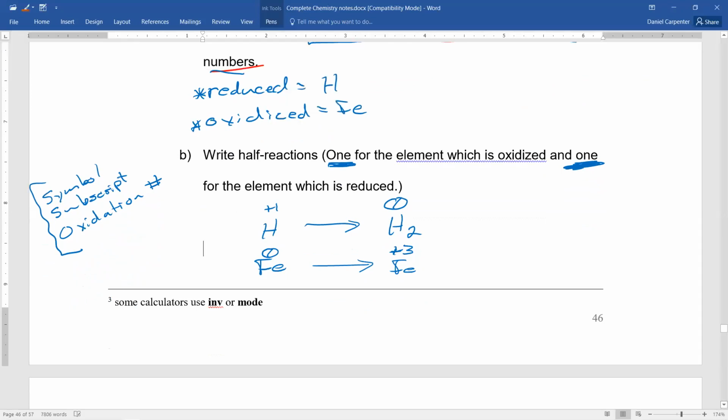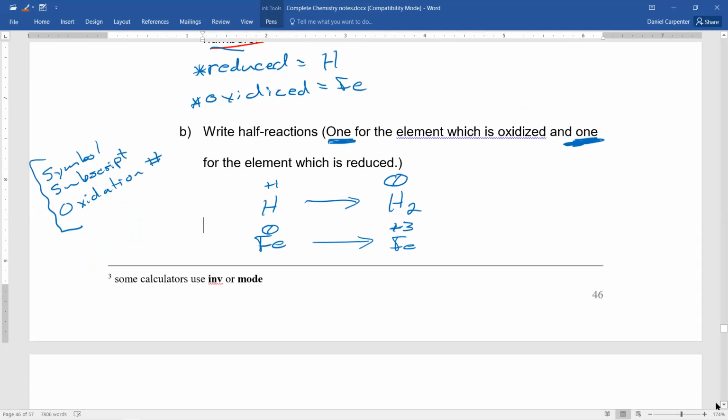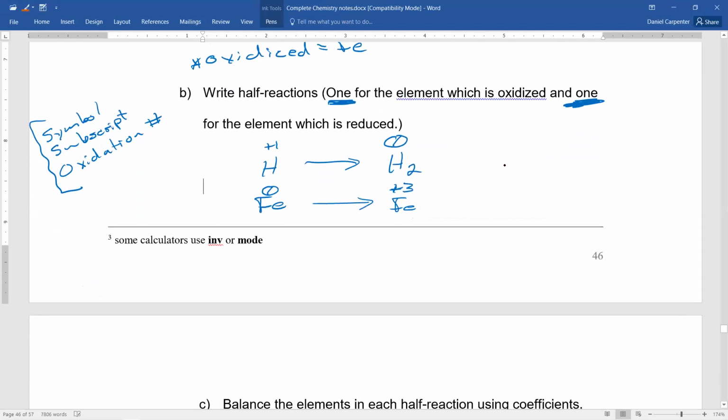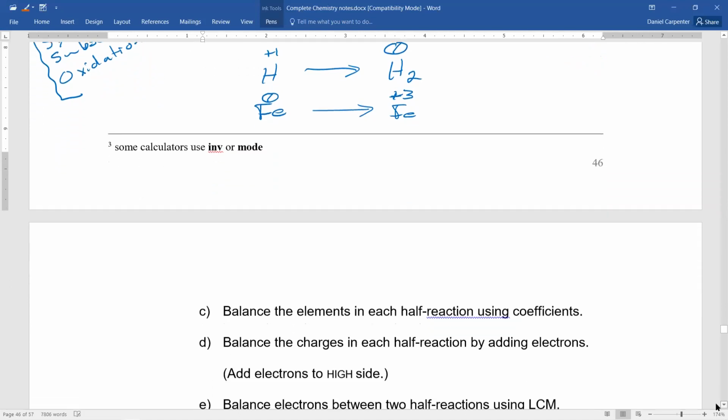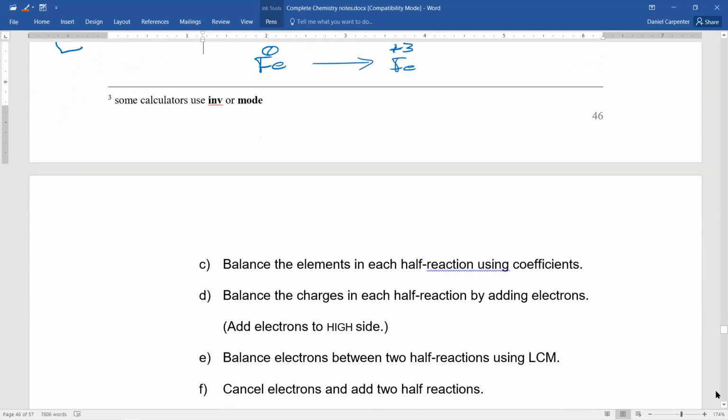Next step, step C. And I'm going to refer back up to this page. Now, C and D. And D. Let me point something out. What do I want? How about the highlighter? Balance, balance, balance.